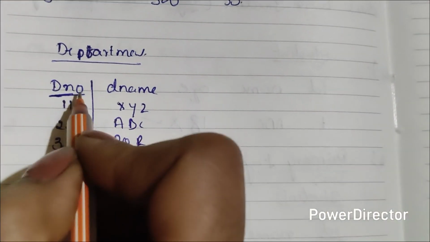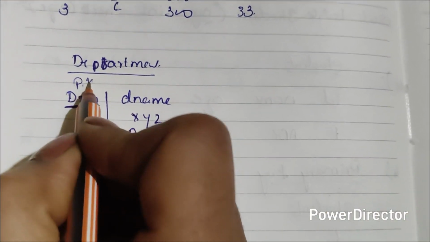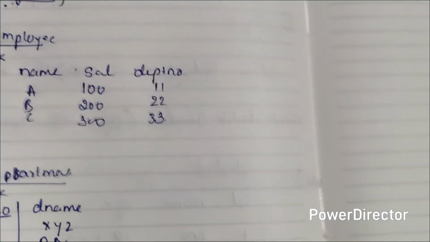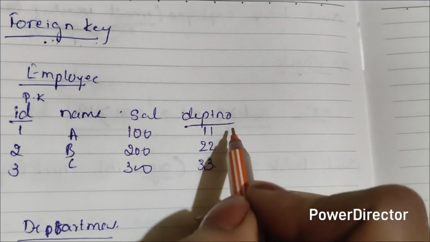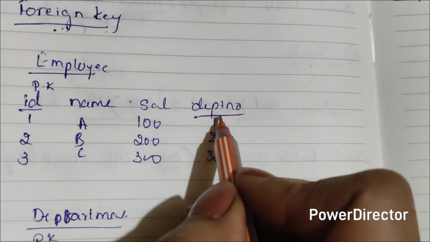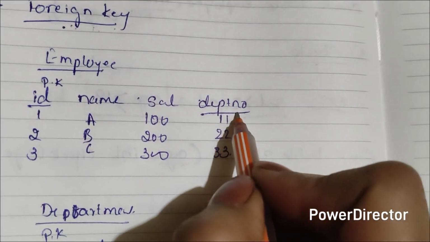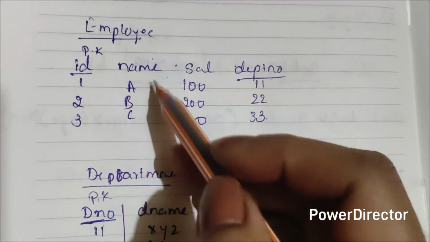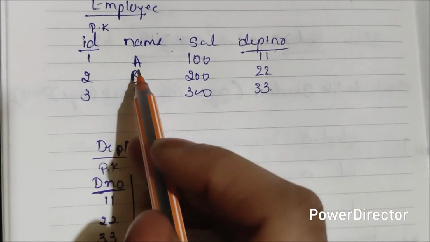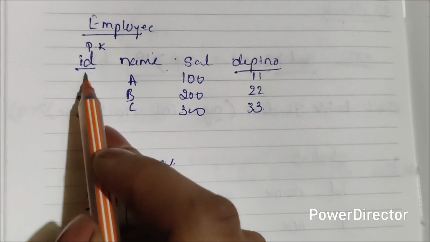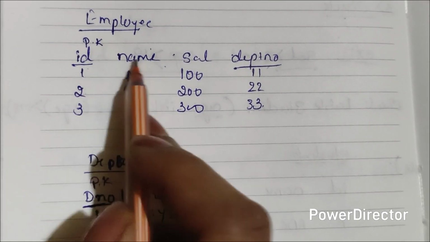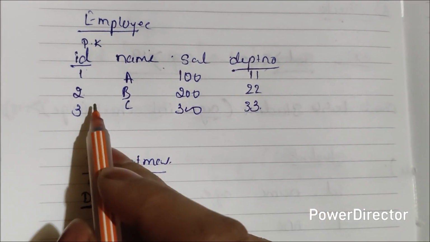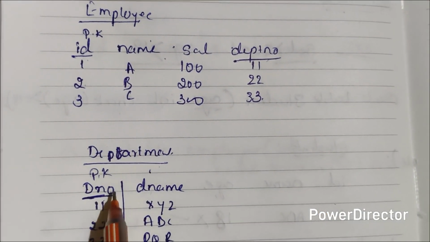So in this table I am making department number as a primary key constraint. In the employee table I have one more attribute with the same name, that is department number. So there is a relationship between these two tables, employee and department. If you want to check which department an employee belongs to, then you have to go to this table.